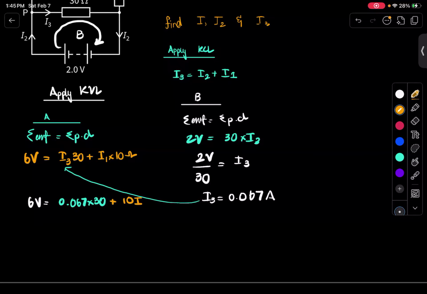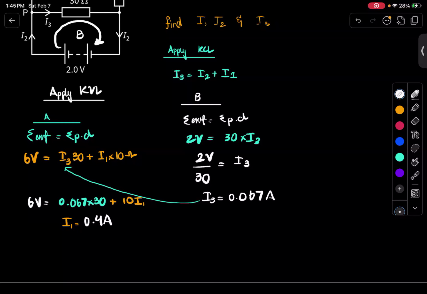So 6 minus 0.067 into 30, divided by 10. Okay. So that means I1 came out to be 0.4 ampere. Great. So I1 came out to be 0.4 amperes.